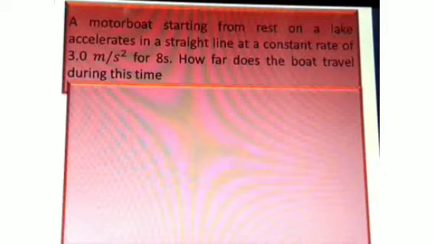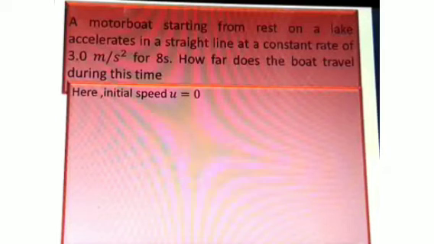Question number 1: A motor boat starting from rest on a lake accelerates in a straight line at a constant rate of 3.0 m/s^2 for 8 seconds. How far does the boat travel during this time?